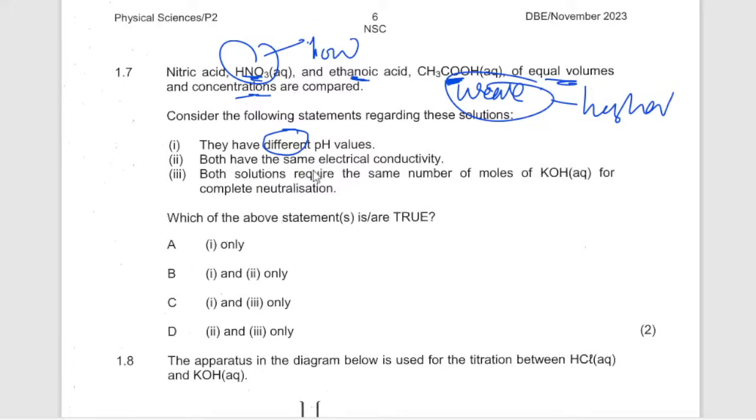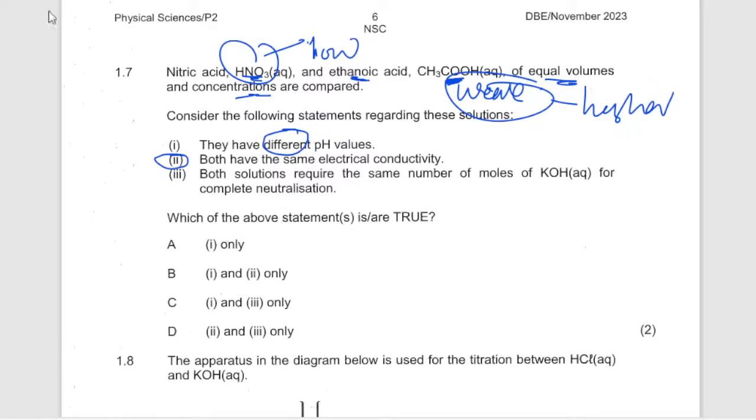Both have the same electrical conductivity. No, strong acids have a stronger electrical conductivity compared to weak ones. So this is out. Both solutions require the same number of moles of potassium hydroxide for neutralization. They're saying the same number of moles. They're not saying the same concentration, meaning that now the volume can be different.